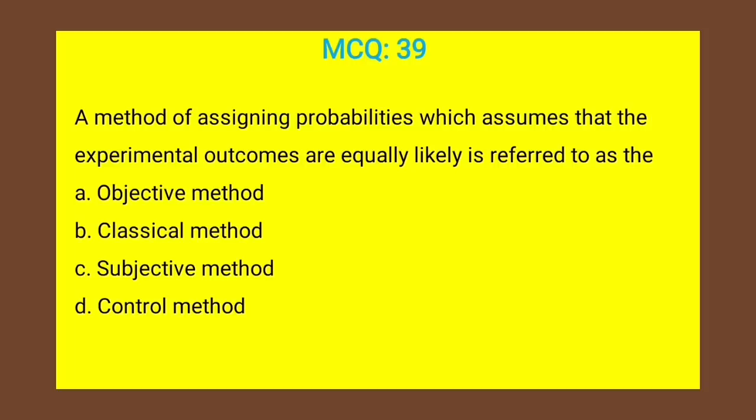So a method of assigning probability which assumes that the experimental outcomes are equally likely is what we call a classical method, and not objective method or anything like that. So as I've already informed, I've kept a video that explains all these concepts, so kindly check them out. So the answer is the classical method in that case. So let's take note of that.